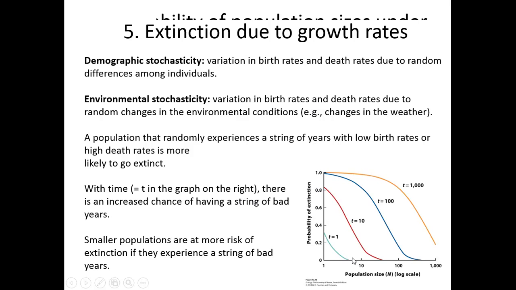And the reason you don't see the green line is because it goes up to 1 right here. Okay, larger populations need much more in the way of bad years to force them to go extinct. Normally, large populations have a relatively low risk of extinction. But the smaller the population, the higher the risk of extinction at any given time.